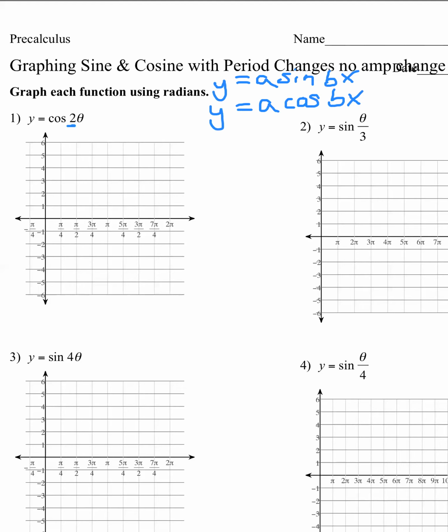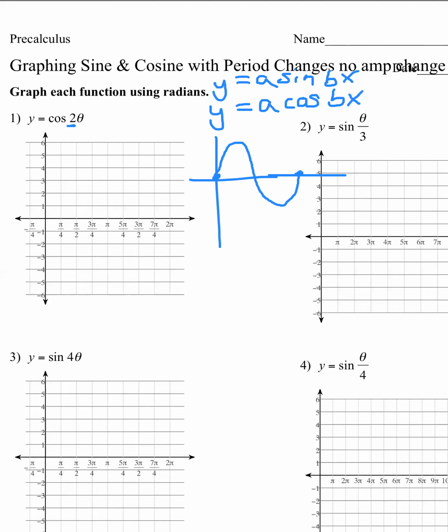Just to refresh your memory, the period is how long it takes for the curve to complete one full cycle. So a real quick sketch, if we were looking at sine, remember sine always starts at the origin and then it goes up, goes down, and then comes back.